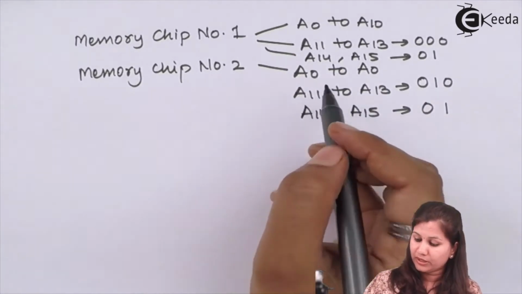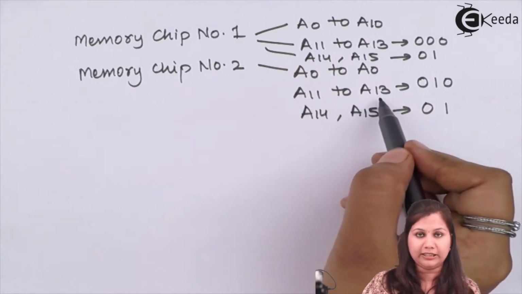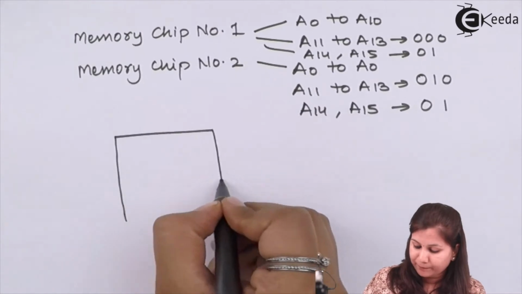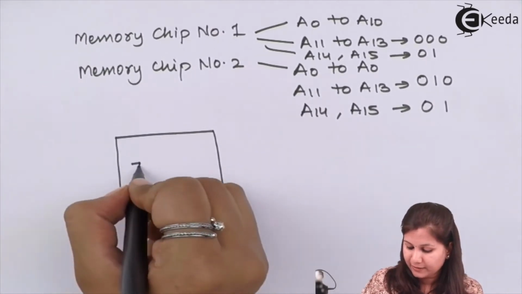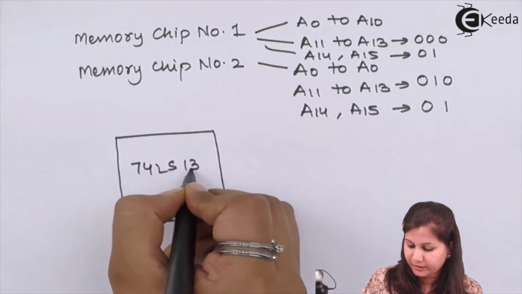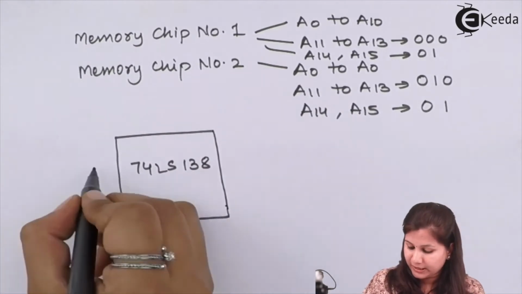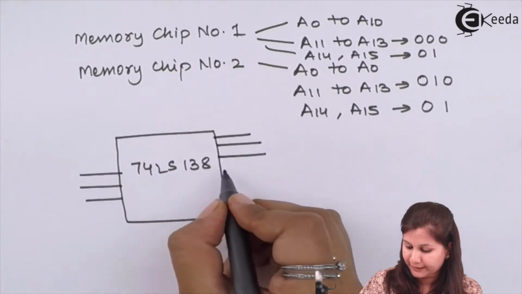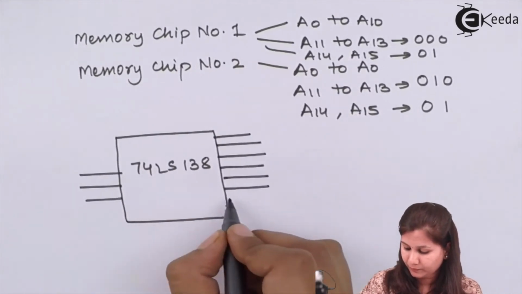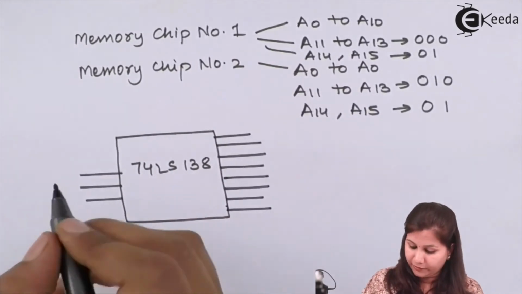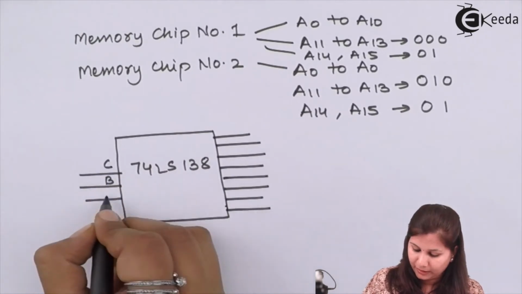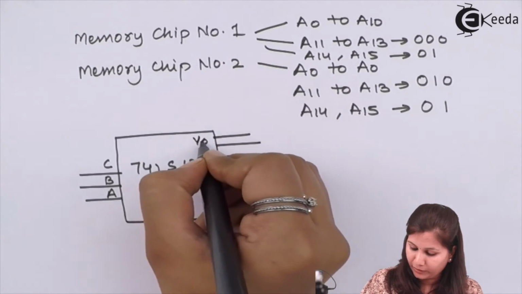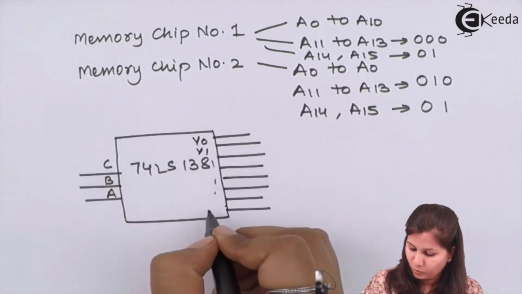So we will use A11 to A13, these three address lines, as input for the 74LS138 decoder. Because this decoder has 3 input lines and 8 output lines. Here we will have C, B, A as 3 input lines, and output lines will be Y0, Y1 till Y7.